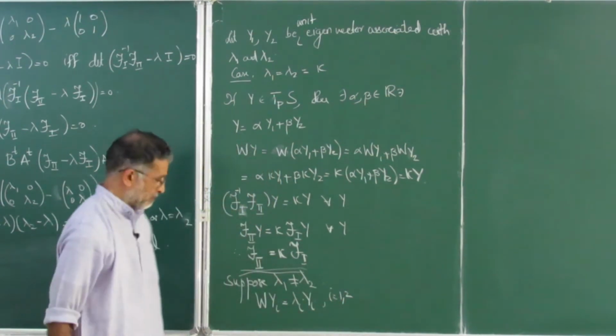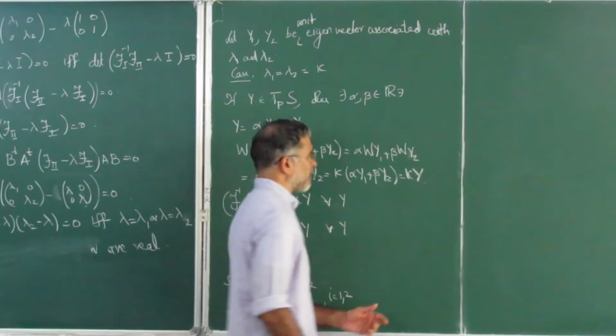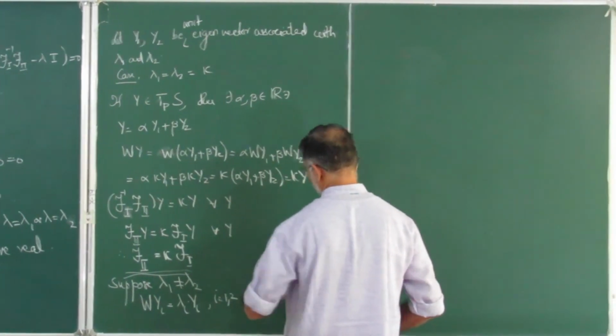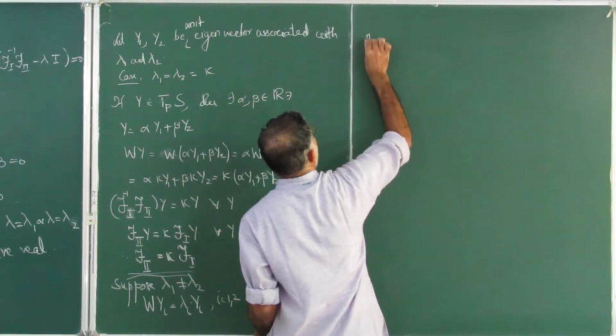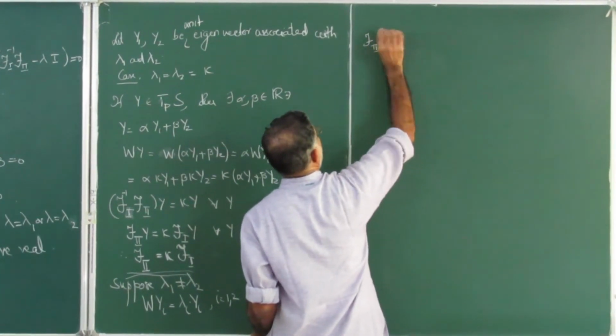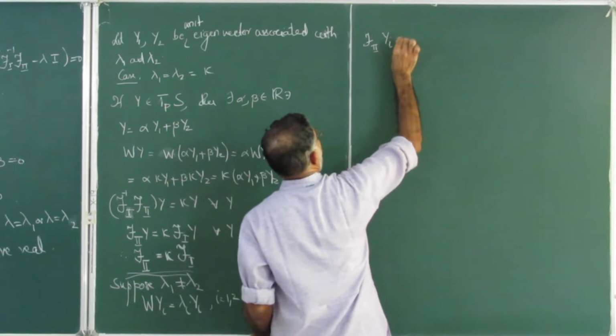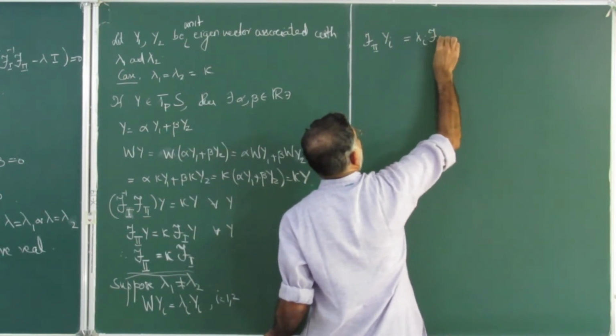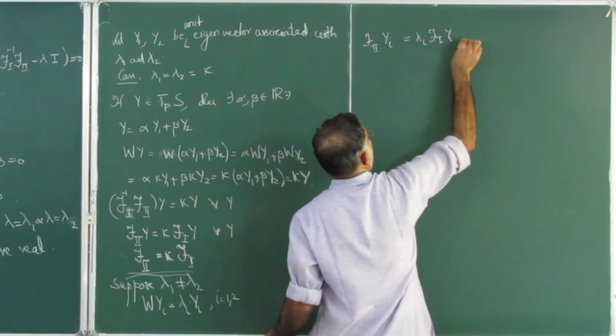Substitute the definition. So this is F1 inverse F2. So F1 you transfer. So this says F2 yi is equal to lambda i F1 yi.